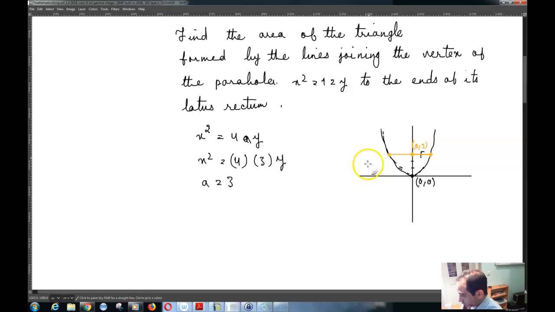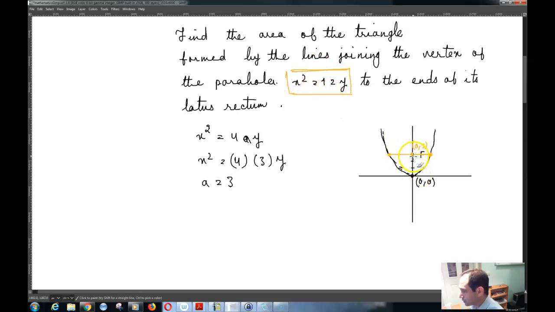Now all we need to do is find the coordinates of the endpoints of the latus rectum, and that's basically all we need to do. We can do that using the equation of the parabola, x squared is equal to 12y.